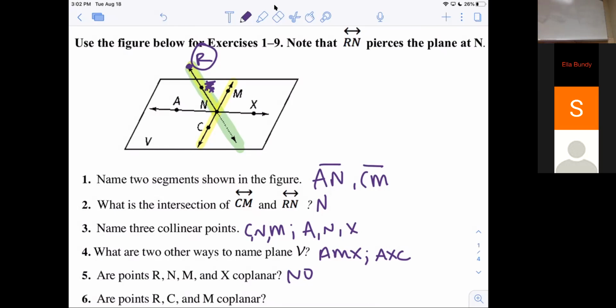The clipboard counts as a plane, right? So I can take a point up here off the plane and still put it in with those other 2 points. It just takes any 3 non-collinear points. So again, I can put the 2 on my desk and 1 in the air, and it can be 1 plane right here. So I'm going to say yes for that one.